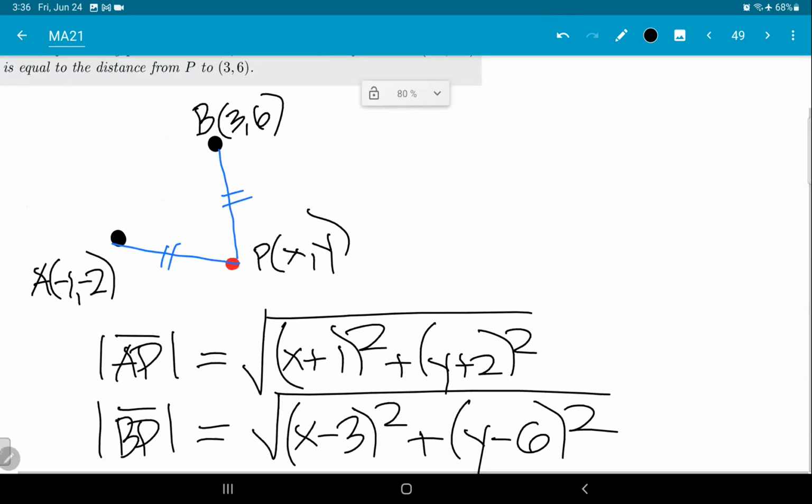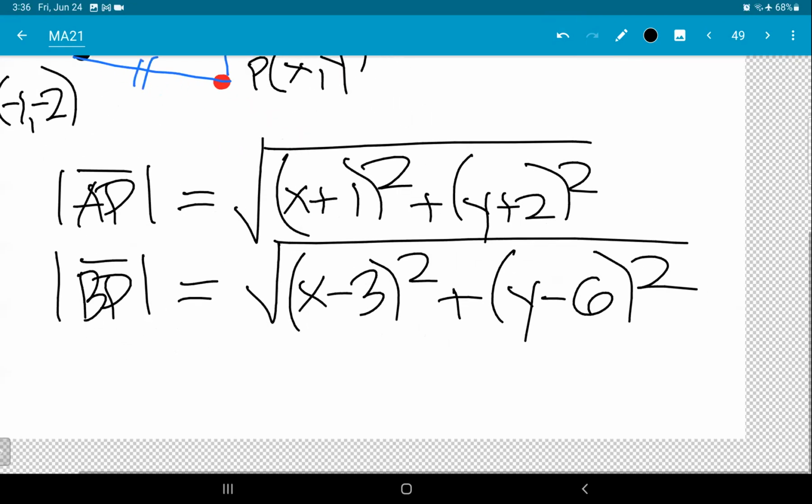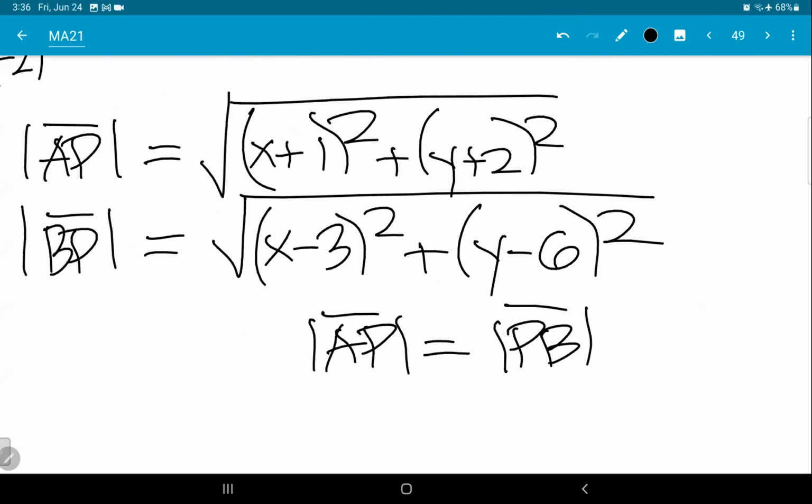And the problem says that they are the same. All we have to do is equate the two. AP equals PB or BP.